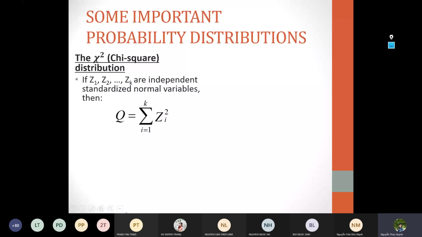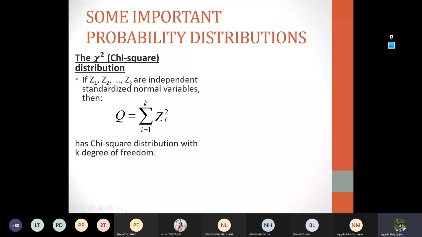The normal distribution is a symmetric distribution, and the standardized normal distribution is also a symmetric one, but they only have two parameters, which are the mean and the variance.